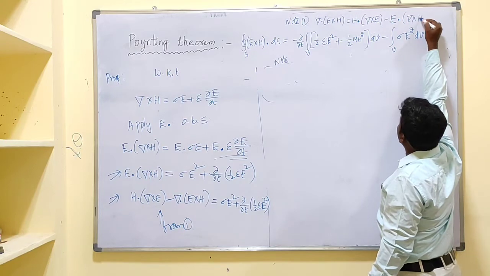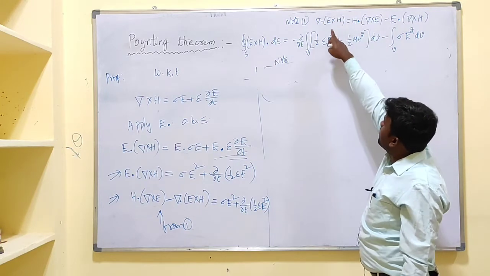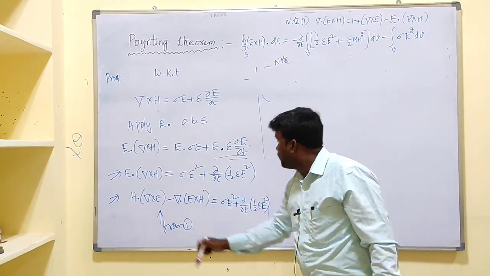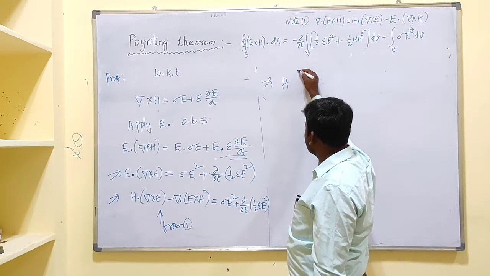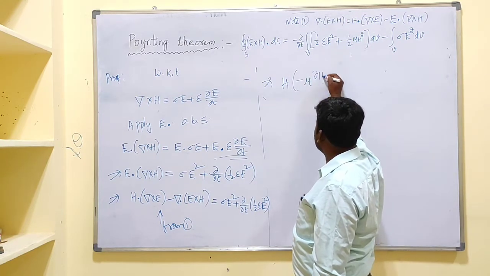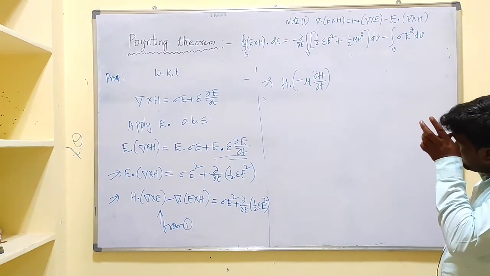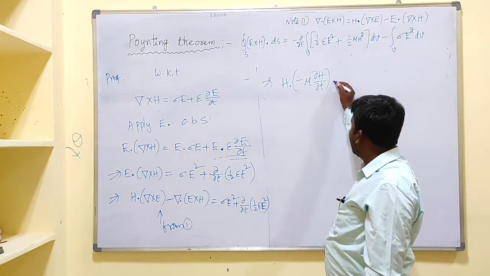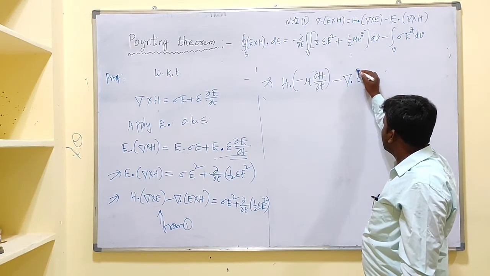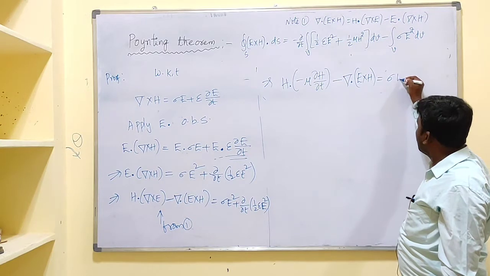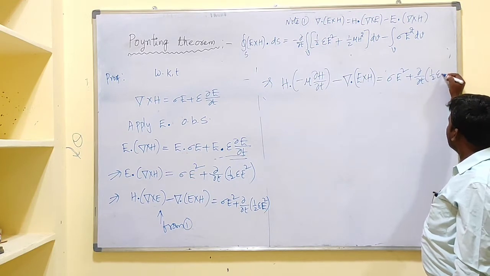From this we can write E·(∇×H) as H·(∇×E) minus ∇·(E×H). Now H·(∇×E), that is again Maxwell's equation, is nothing but minus μ ∂H/∂t. So minus μ H·∂H/∂t minus ∇·(E×H) is equal to σE² plus ∂/∂t of (1/2 ε E²).